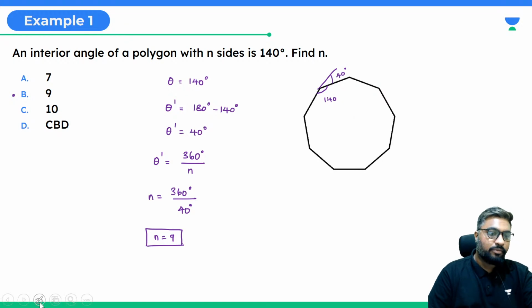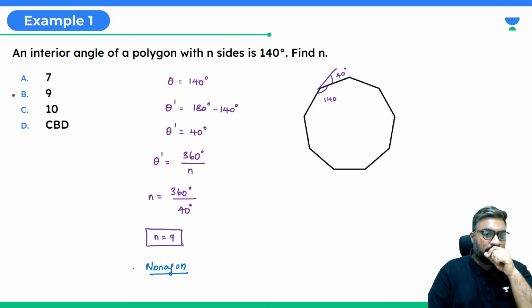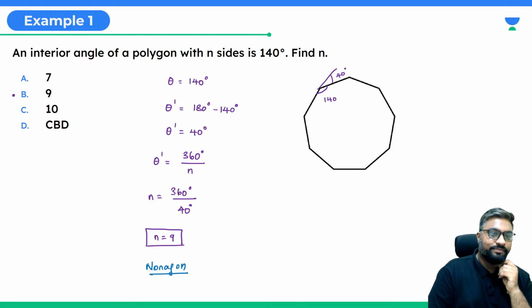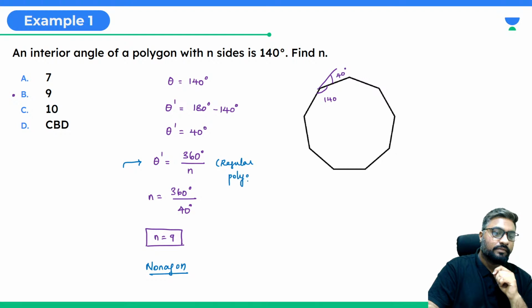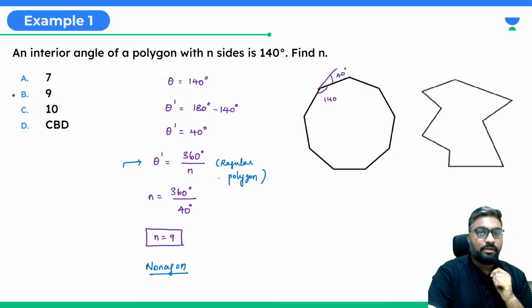A 9-sided polygon is called what? A nonagon. Okay, beautiful. But this would apply when, ये जो अपन ने किया, this would apply only and only if the given polygon is a regular polygon, correct? Yes, only if the polygon is a regular polygon.